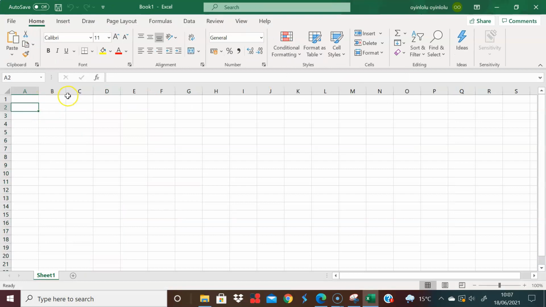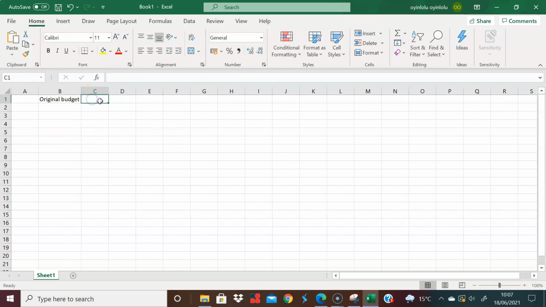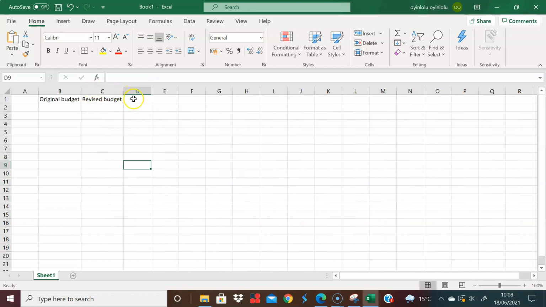So what we have here is the original budget, and we have the revised budget, and then we have the actual results.